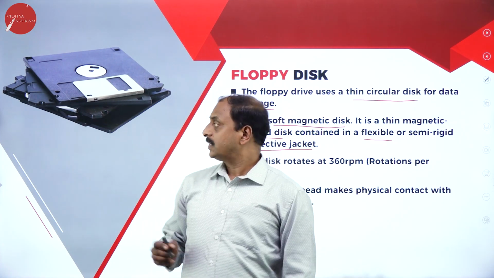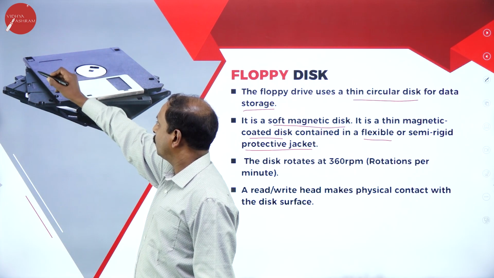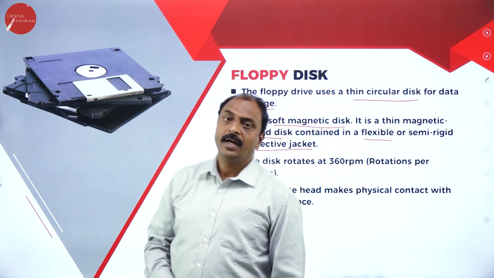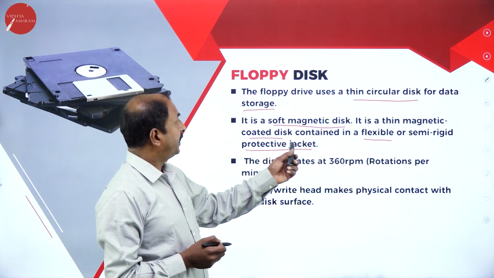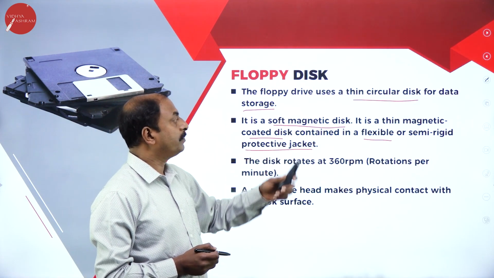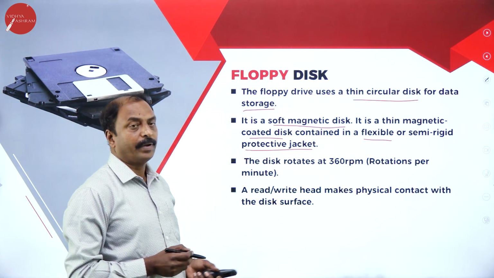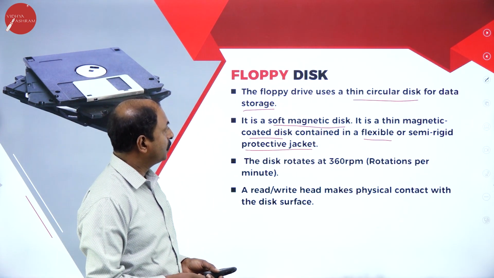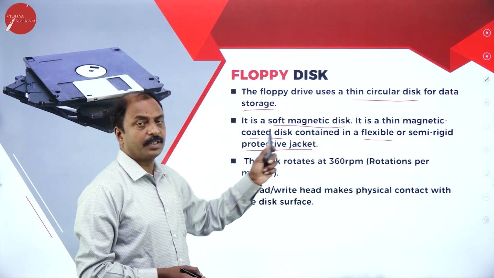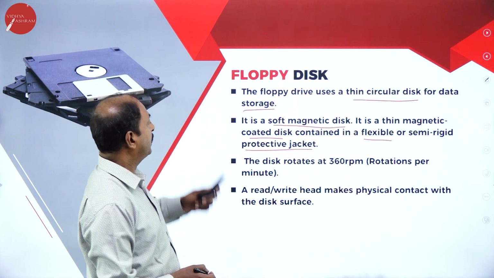This is the outer case, and it is a bit hard. Inside this we find a thin circular disk coated with magnetic material or magnetic recording medium. Outside that we find a semi-rigid or flexible protective jacket, that is the outside cover.